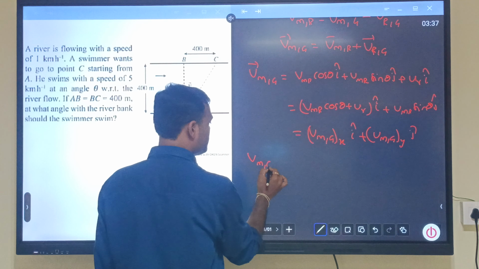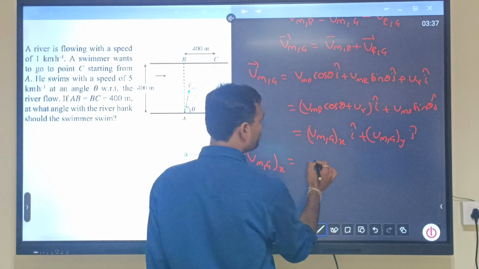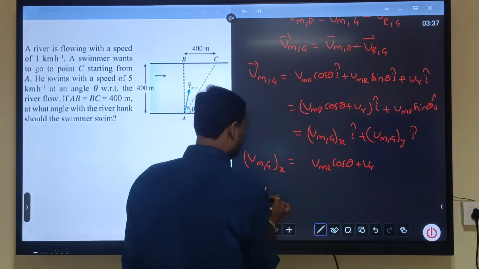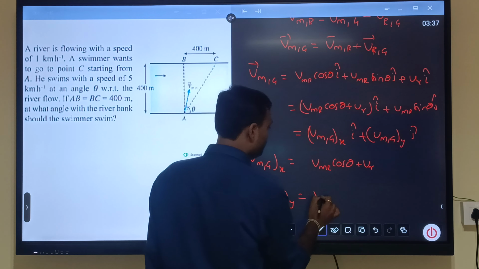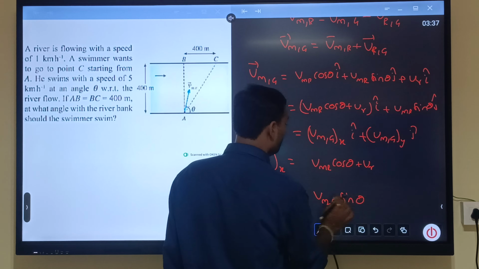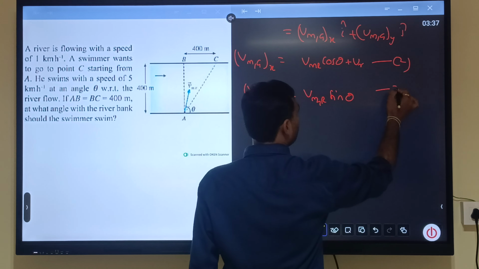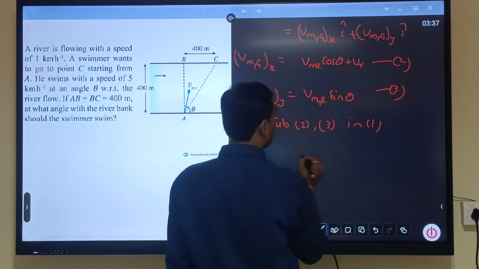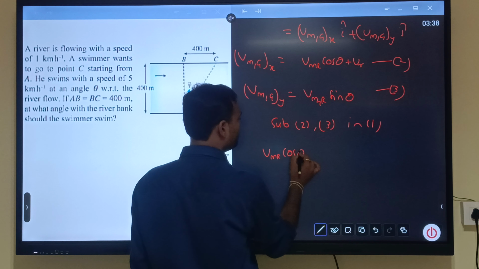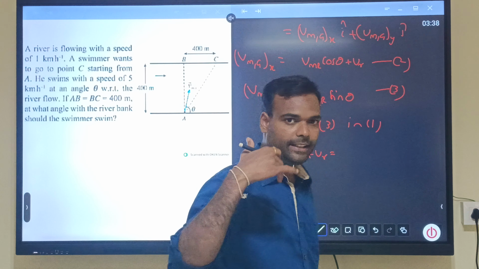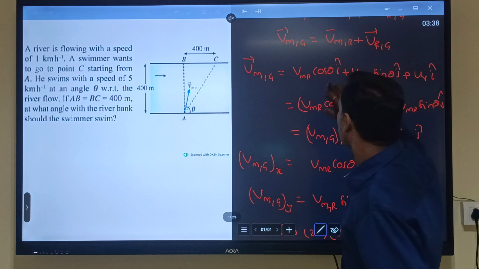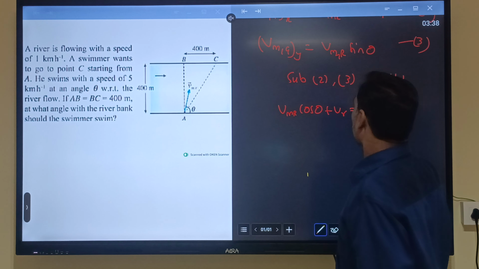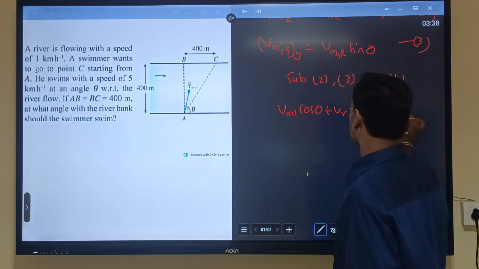So Vmg on the x-axis is equal to Vmr cos theta plus Vr, and Vmg on the y-axis is Vmr sin theta. So substitute 2 and 3 in 1. So Vmr cos theta plus Vr, which we have solved here as equation number 1. I am just substituting in equation number 1, and Vmr sin theta.